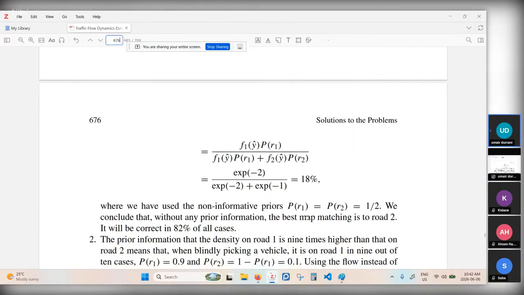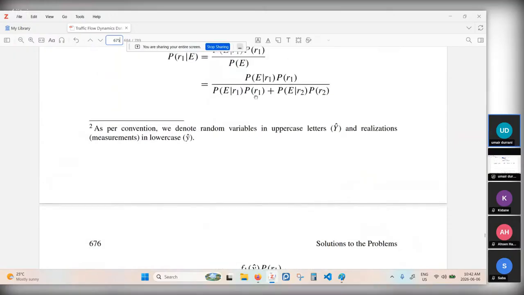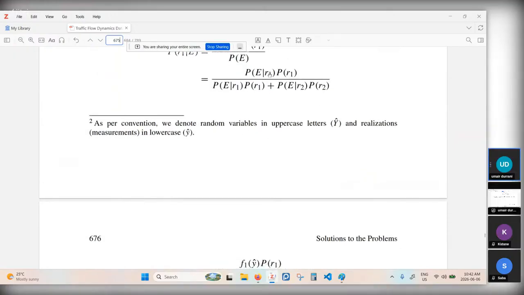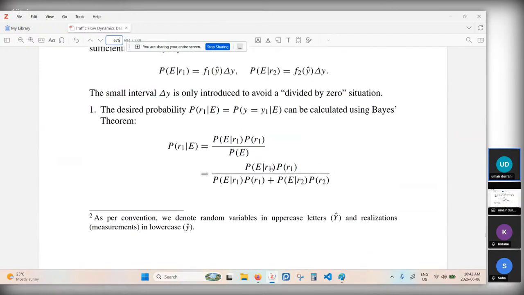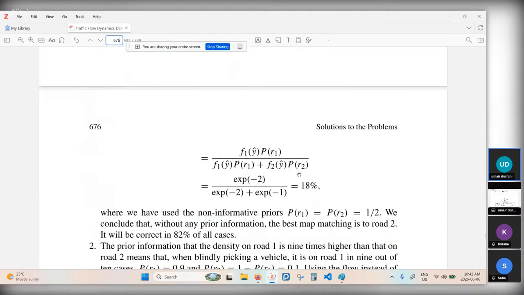So here, just to remind us, probability of R1 is equal to R2 is equal to 0.5 is already given in the question. That we are saying that the probability that you are either on R1 or R2 is equal, it is 50%. So those values are plugged in here in the numerator and the denominator, and then probability of E given R1 and probability E given R2 comes from the probability density.